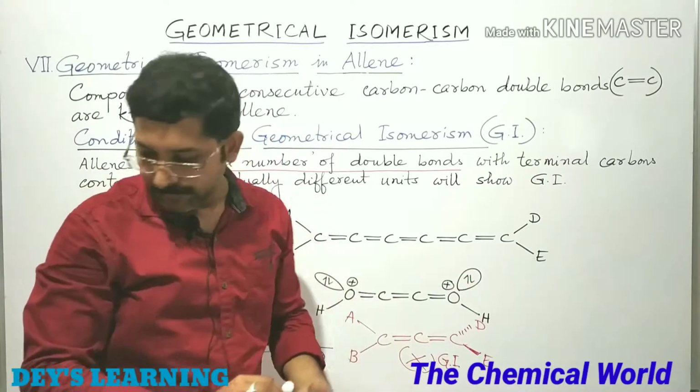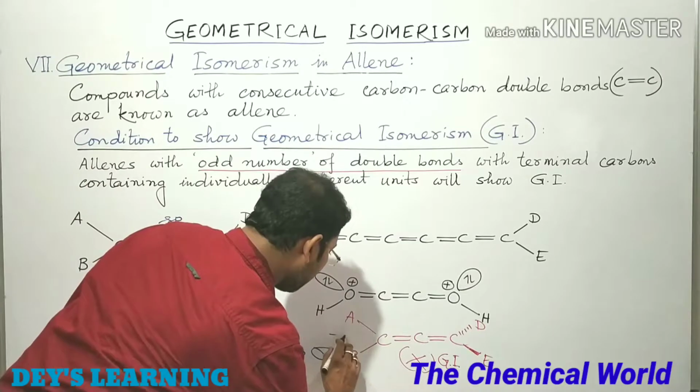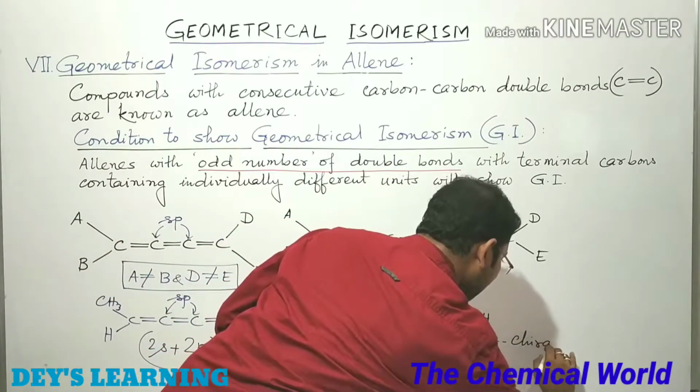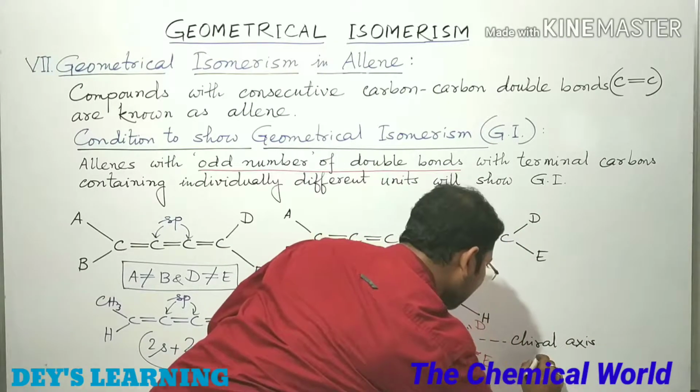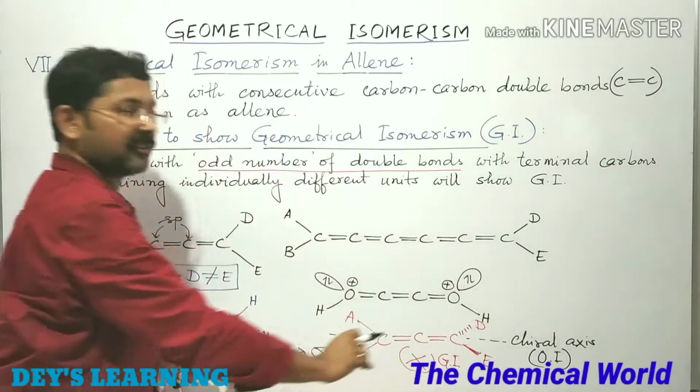We will learn later. This is a chiral axis. There is a presence of chiral axis. Due to the presence of this chiral axis, the molecule will show optical isomerism but not geometrical isomerism.